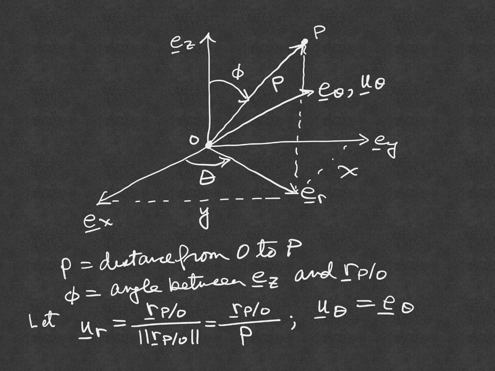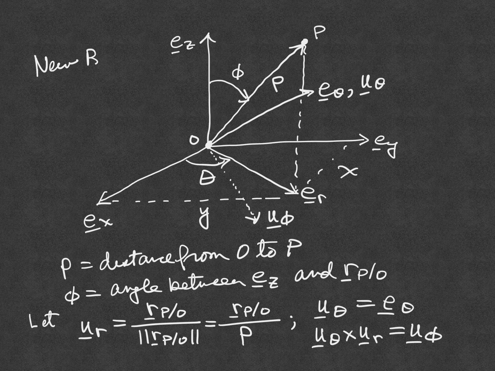So they're the same. And then I'm going to take the vector u theta crossed with ur to give me u phi. So u theta cross ur is going to equal u sub phi. Now that's going to create a new basis. So there's a direction down here which I have to draw this way. This direction is u sub phi. So the new basis is ur, u phi, u theta.